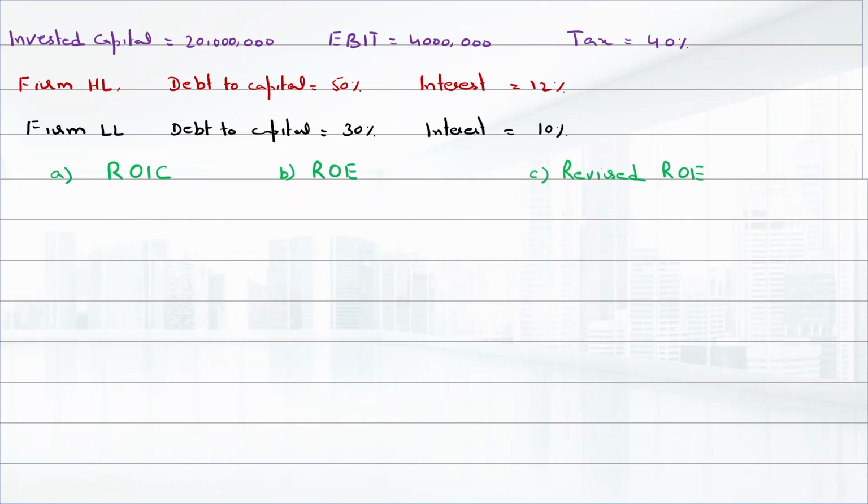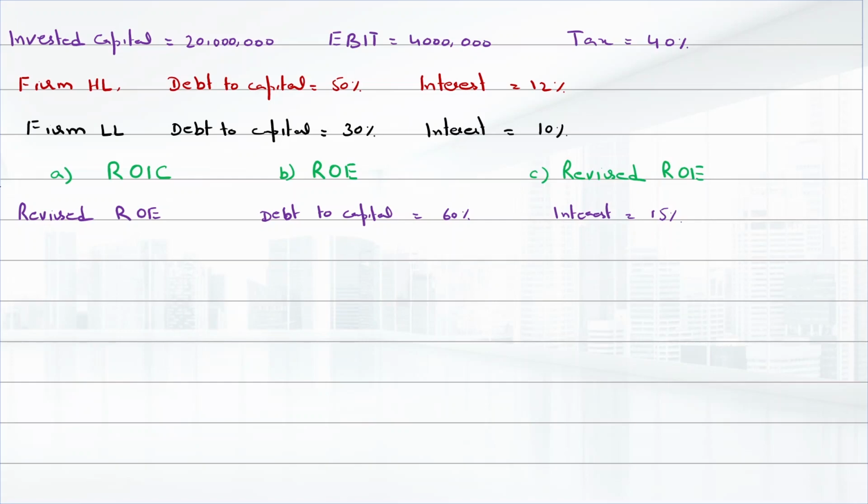After that, we have to find the revised return on equity. And for the revised return on equity, debt to capital is 60% and the interest rate is 15%.